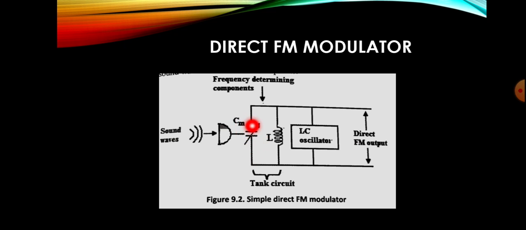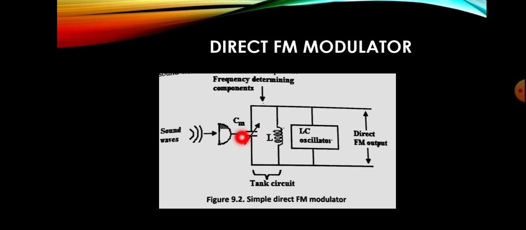This capacitance Cm forms part of the LC oscillator circuit. Once the capacitance value changes, the corresponding frequency generated changes. The frequency produced by this oscillator depends upon the value of Cm.